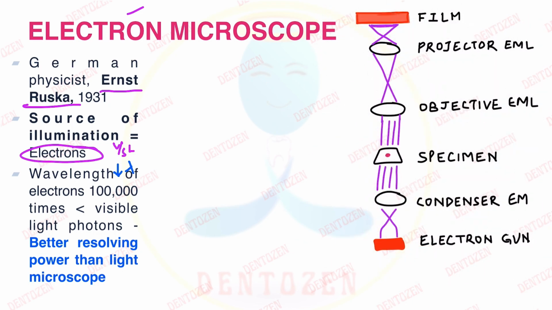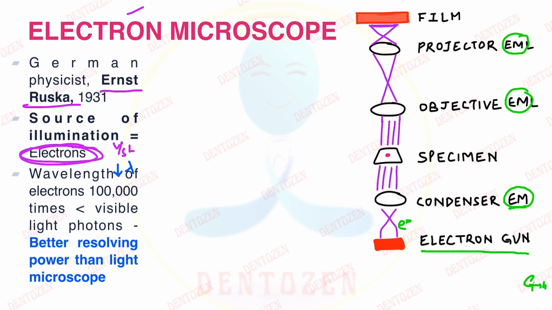Electrons are the source, so we need an electron gun which will produce the electrons. These electrons have to be projected onto the specimen. Here the type of lenses used is different. We are using electromagnetic lenses as compared to the lenses made of glass in the light microscope.